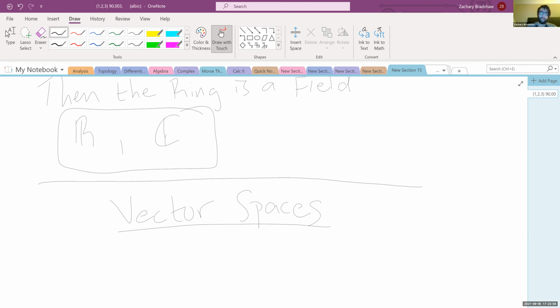Okay, so a vector space is, well, I didn't say what abelian means. Yeah, so a vector space is an abelian group. I'll say what that means in a second. With a scalar multiplication.